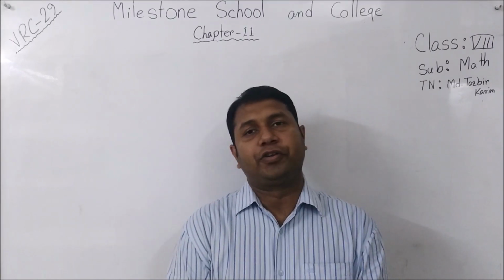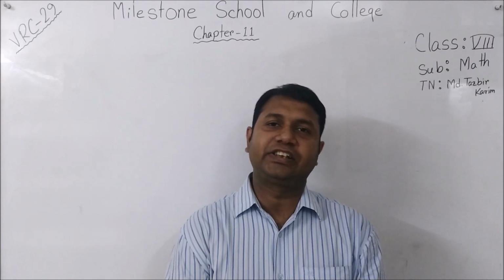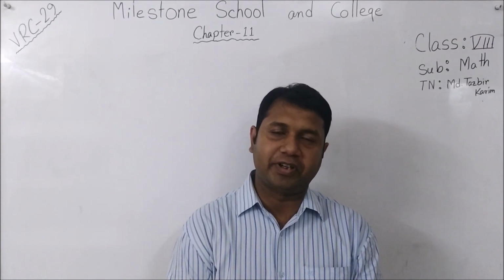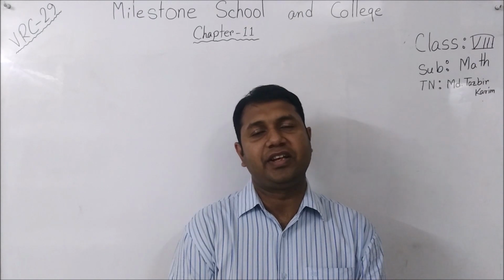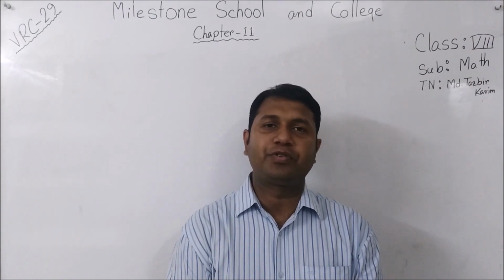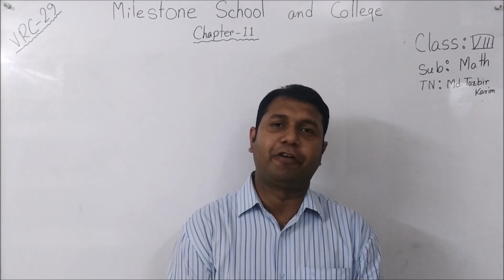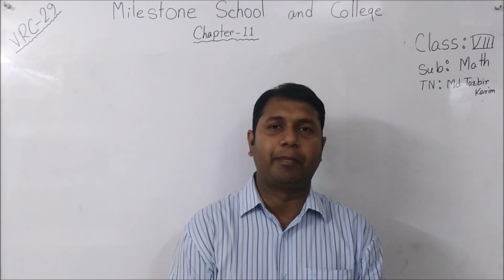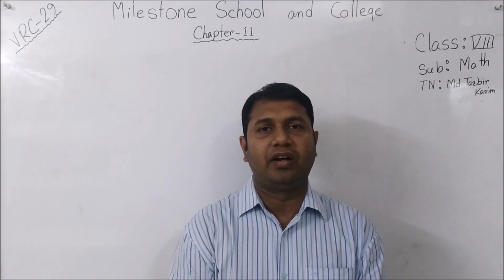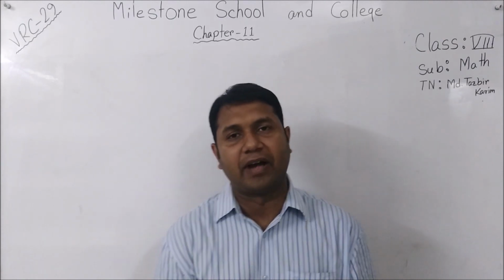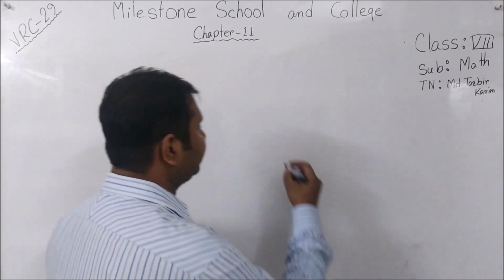Before studying our today's topic, I want to ask you a few questions related to this chapter that we did in our last class. Can you tell me what is the formula for finding the number of classes? Yes, I think you are right. Match your answer with us.